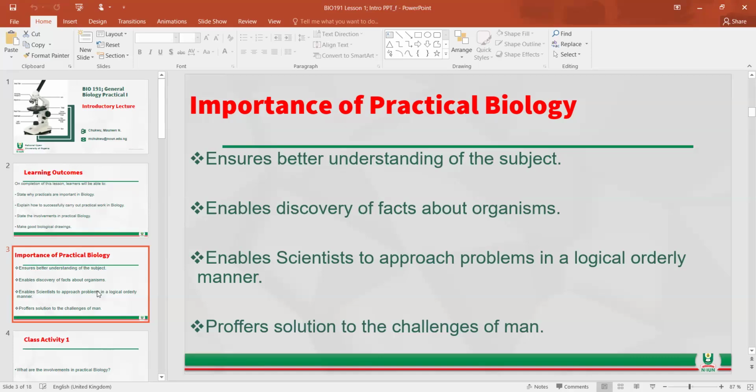All this is to ensure better understanding of the subject. It enables discovery of facts about organisms, enables scientists to approach problems in a logical, orderly manner, and provide solutions to the challenges of man.